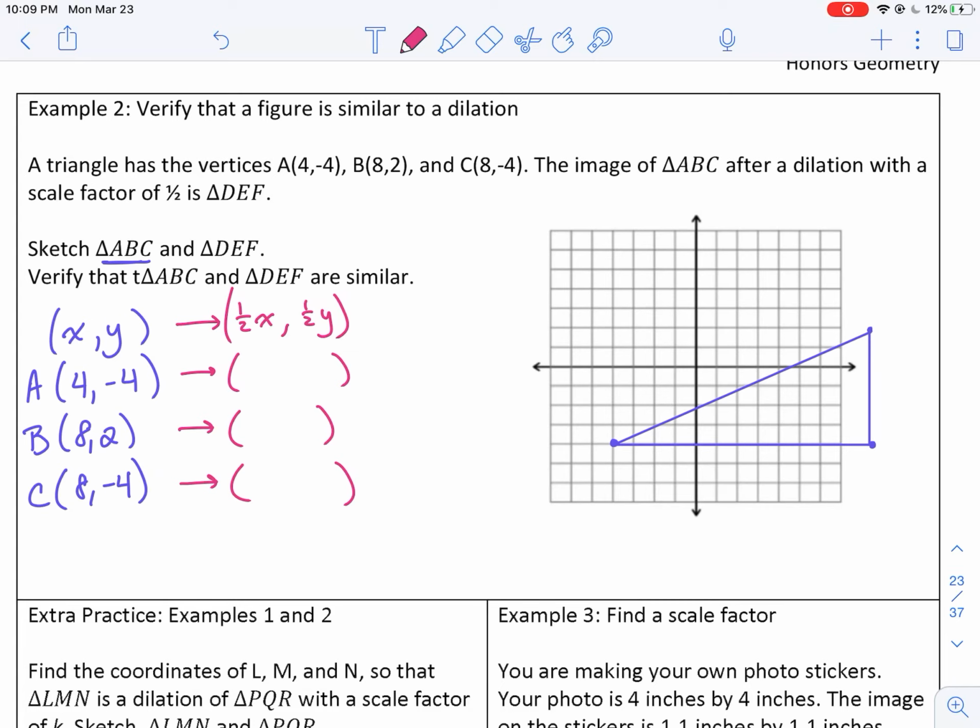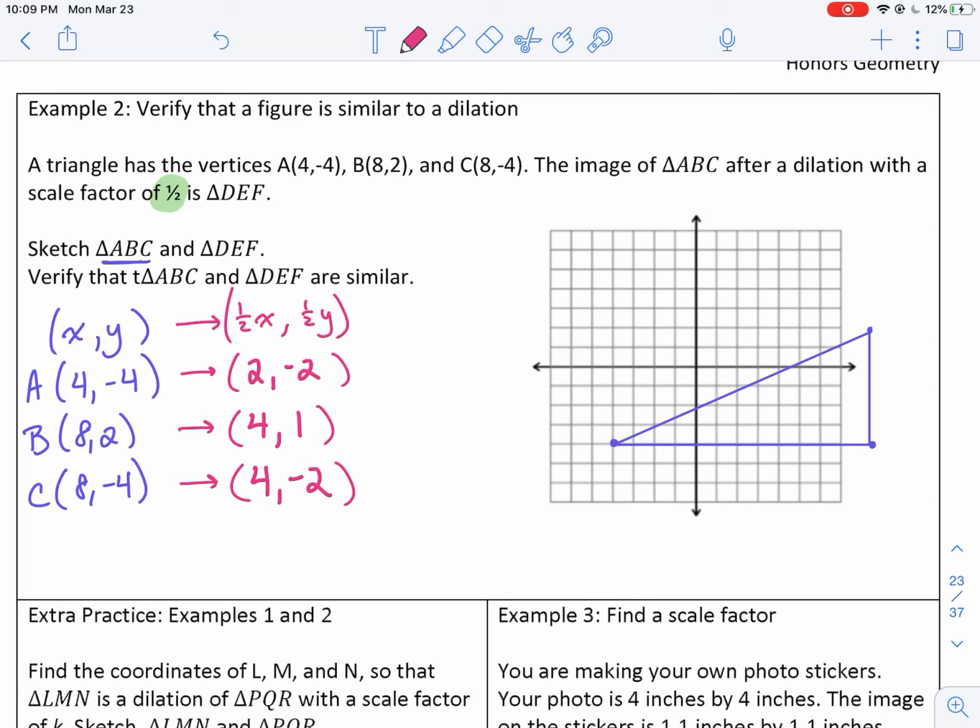Awesome. So we have our triangle. We've already plotted it. Now we have a dilation with a scale factor of 1/2. That means our figure is going to get smaller. We're going to multiply every ordered pair by 1/2. So this is going to turn into 2, negative 2. This is going to turn into 4, 1, and 4, negative 2.